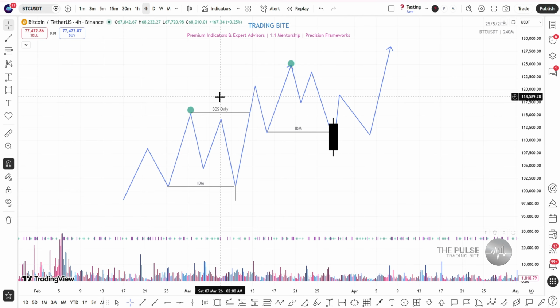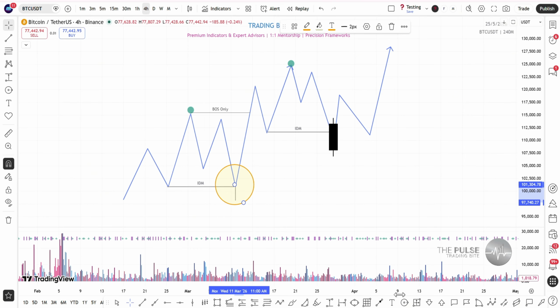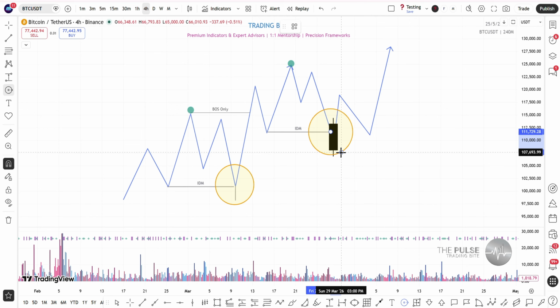All right, this was our reference point, the new reference point, and this is our IDM, inducement or liquidity. The market came all the way down and closed a candle here. At this level it was a sweep, and at this level it is a body close.